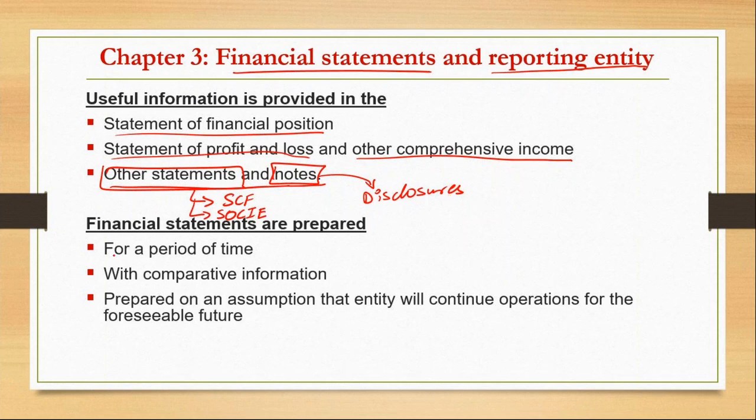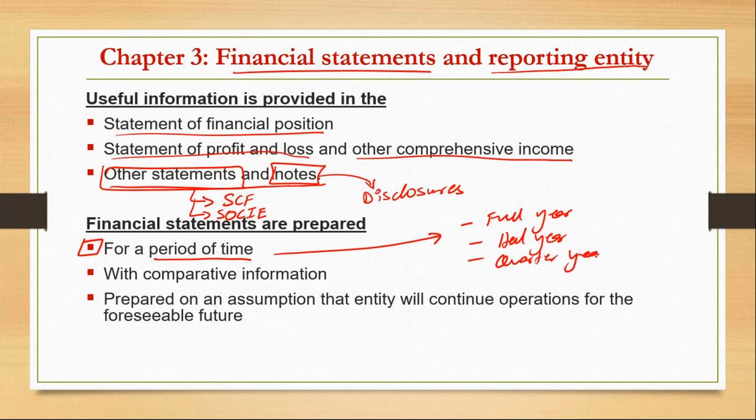Now, the financial statements are prepared for a period of time. Period of time means it may be a full year, a half year, a quarter year, or maybe monthly, but it should be for a period of time rather than being as at a date. Ali Kani is asking if there is no difference in the framework.